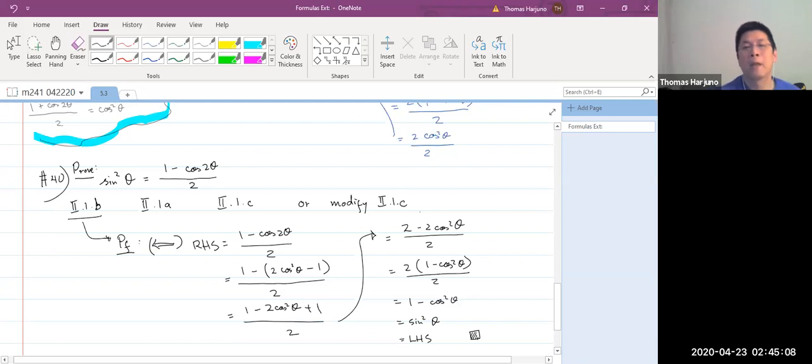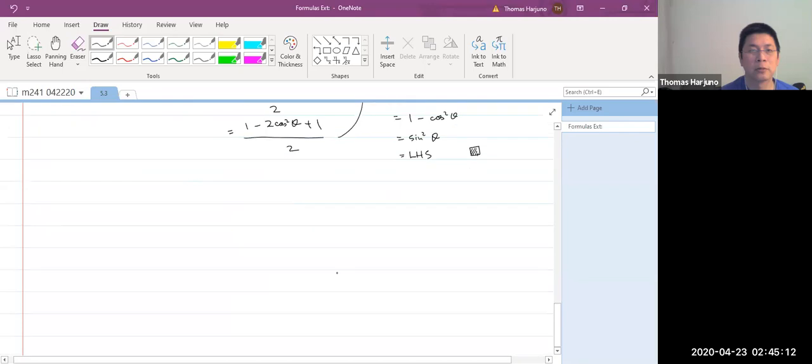Okay, now let's do more proving. Actually, the next one is something you need to memorize also, and it happens to be in our textbook. Prove that tangent theta is equal to 1 minus cosine 2 theta over sine 2 theta.